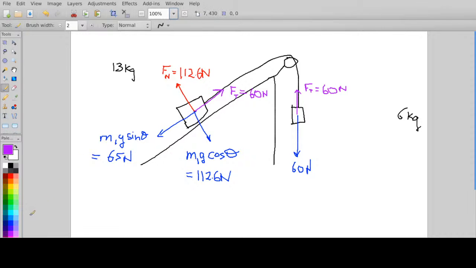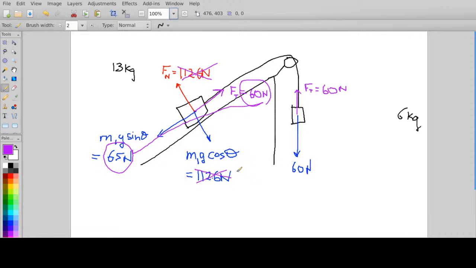What you would get is, I don't know, what color should I use here? Light blue? Nah, it doesn't show up well enough. I'm going to use purple here. This one cancels that one, as we said already, so there are just these two remaining. This one is 60 and that one is 65, and you go, uh-oh, they're not balanced.